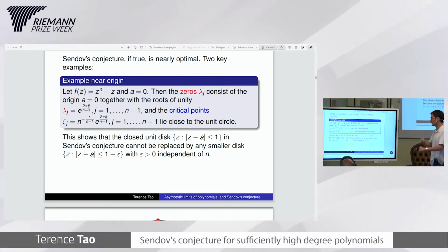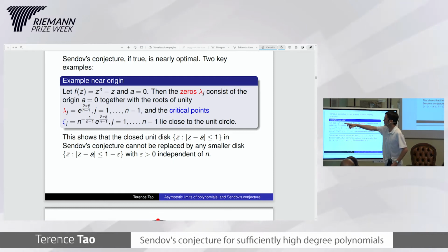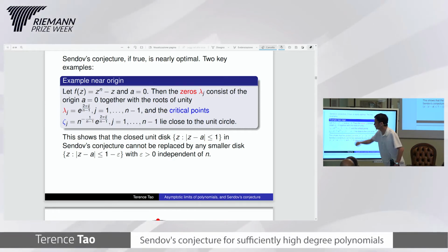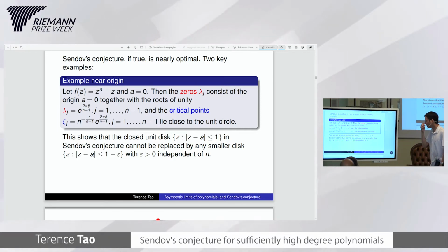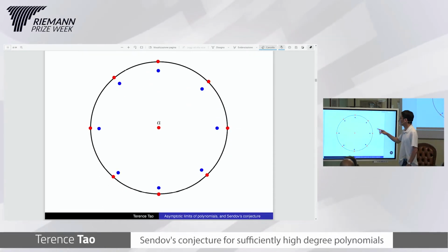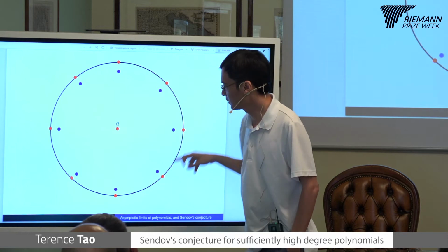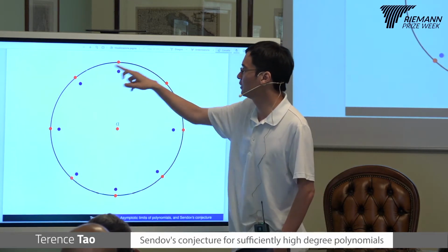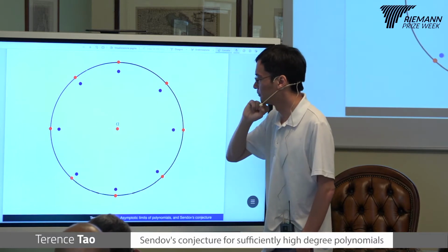So the zeros of this polynomial are the origin, and then a whole bunch of points on the boundary of the circle, so that they all lie in the unit disk. When you differentiate, you get n z to the n minus 1 minus 1, and the critical points you can compute; they are also roots of unity times an additional factor, which is almost 1. Actually, it's easier to just explain with a picture. So maybe the next slide has a picture. Right, so in this example, the zeros are all on the circle, plus the origin, and the critical points are very close to the boundary.